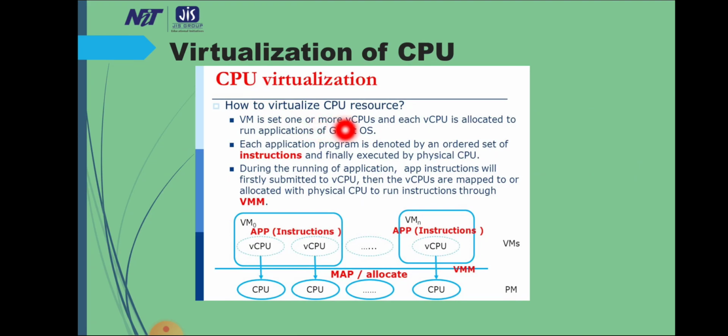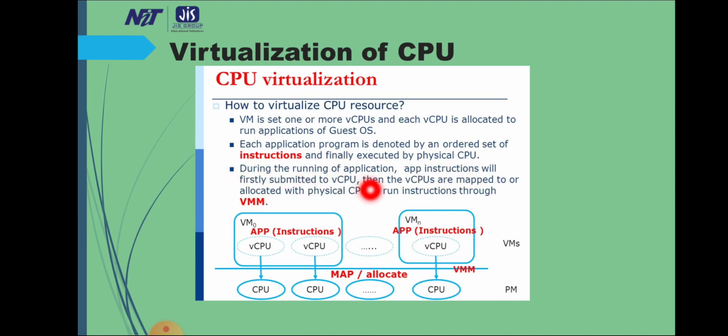How to virtualize CPU resources? A virtual machine is set with one or more vCPUs, and each vCPU is allocated to run applications of the guest operating system. Each application program is denoted by an ordered set of instructions and finally executed by the physical CPU.